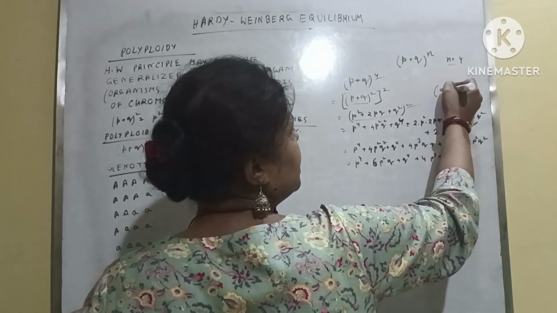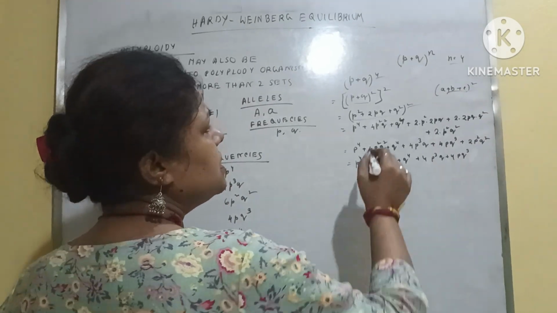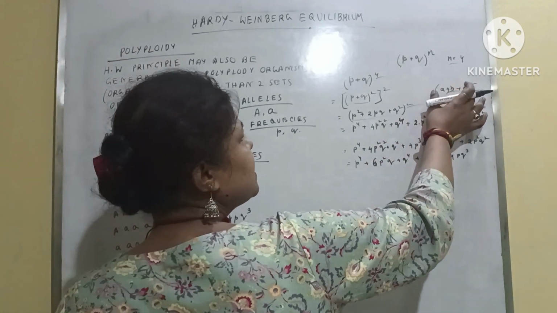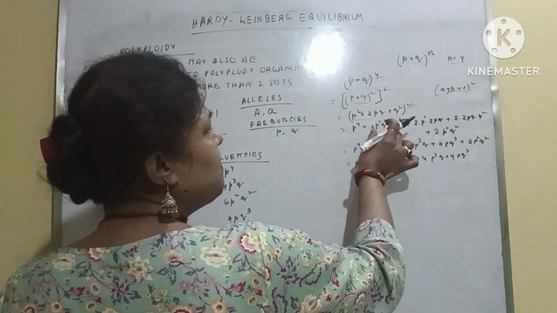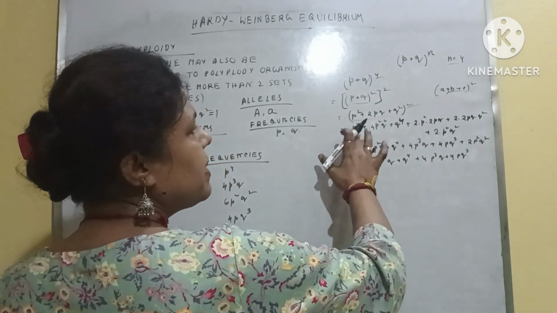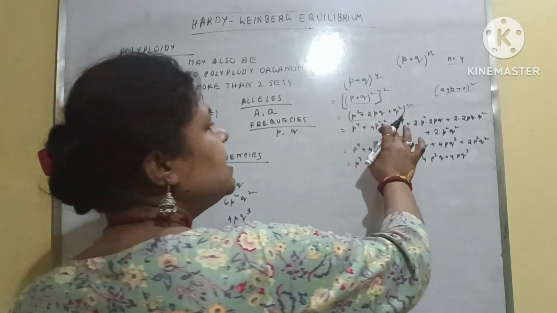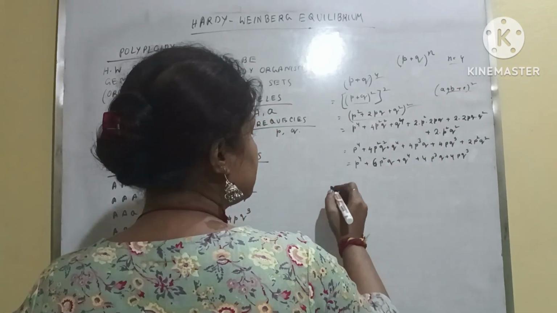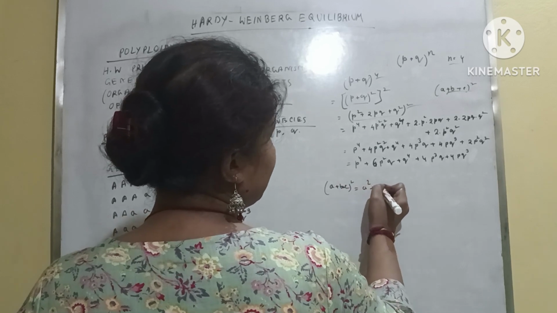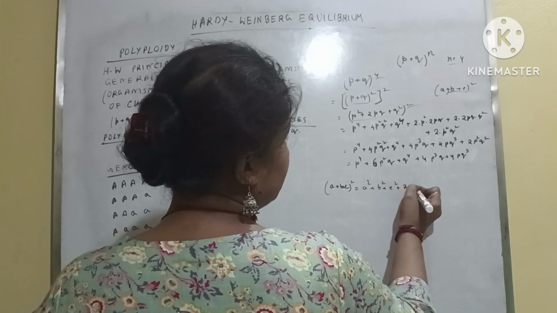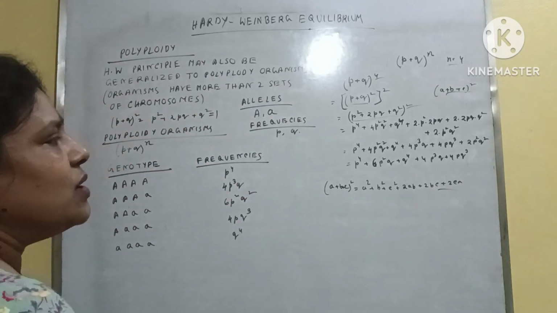According to (a plus b plus c) whole square, the value is a square plus b square plus c square, that means p square plus 2pq plus q square, and then 2ab. (a plus b plus c) whole square means a square plus b square plus c square plus 2ab plus 2bc and 2ca.